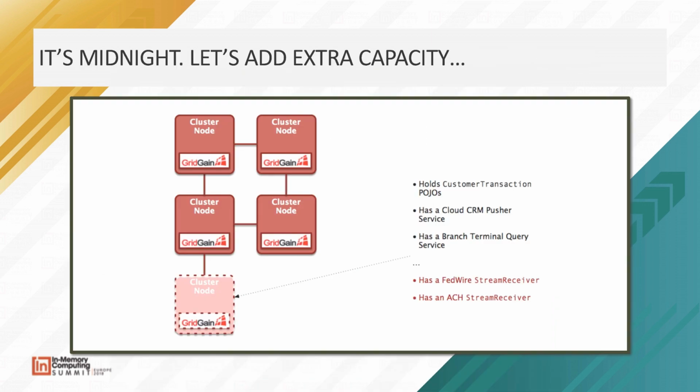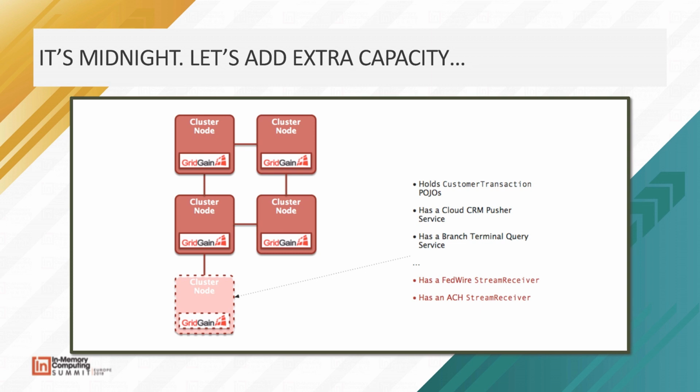And so one thing we might do is say, oh, well, it's midnight, let's just add extra capacity. So we add another cluster node. This is the traditional scale out in in-memory data grids. But when we add this cluster node, what we're really interested in is just the Fedwire stream receiver and the ACH stream receiver.